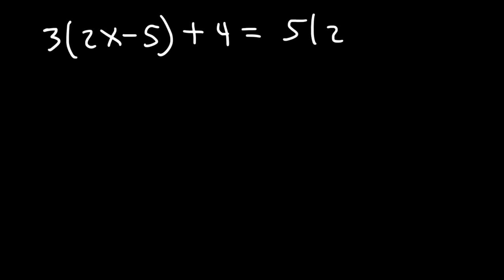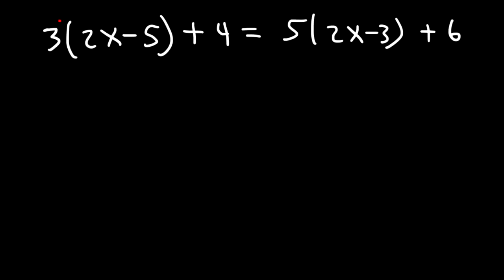Now let's try a more complicated example with parentheses and variables on both sides of the equation. So go ahead and calculate the value of x in this example. Now, if you have parentheses, the first thing you want to do is to get rid of them. And you could do so by distribution.